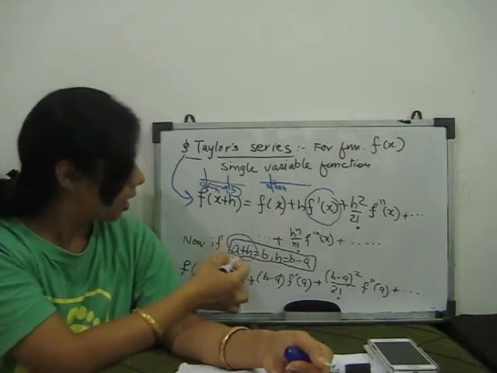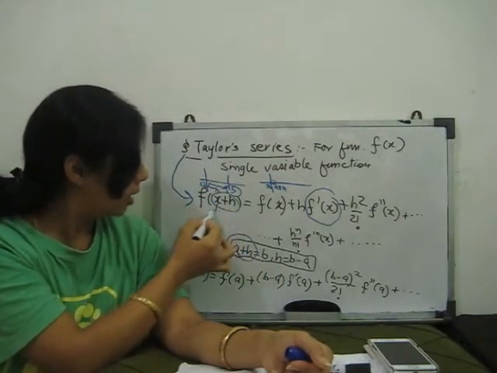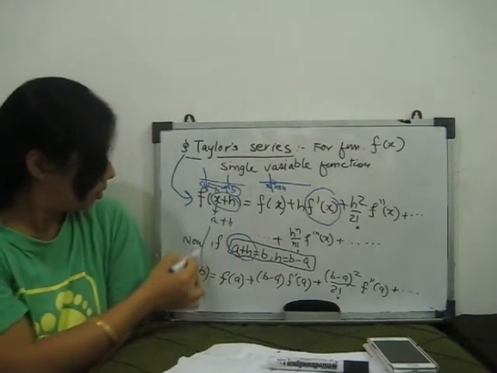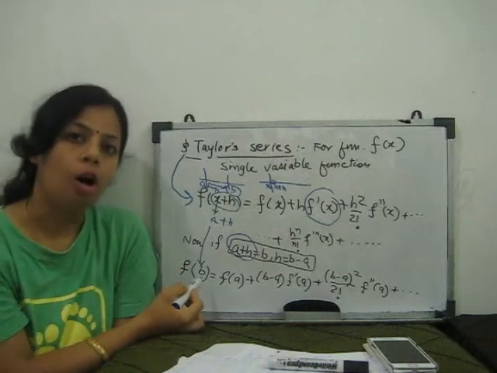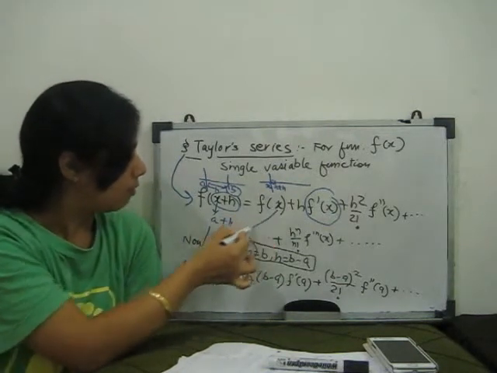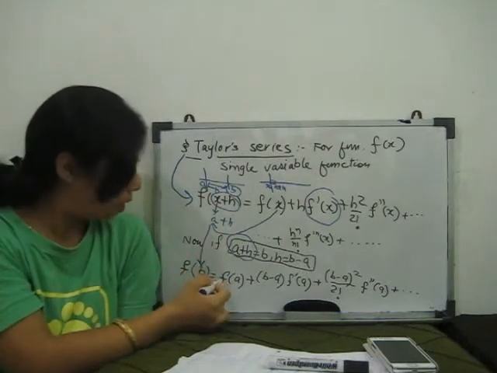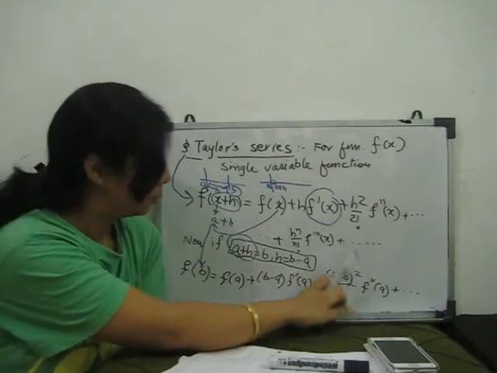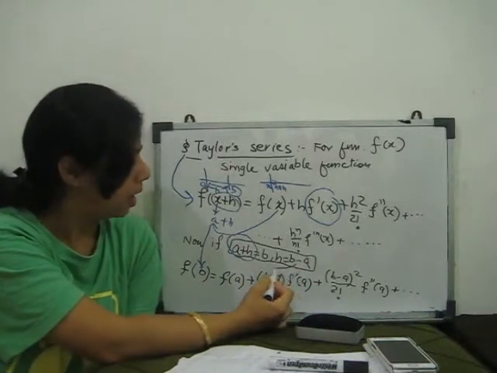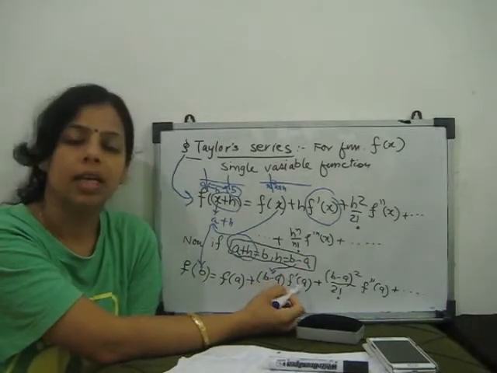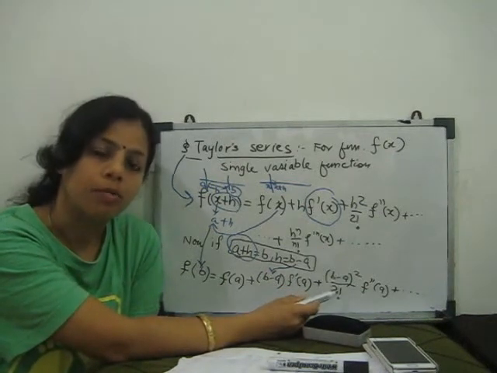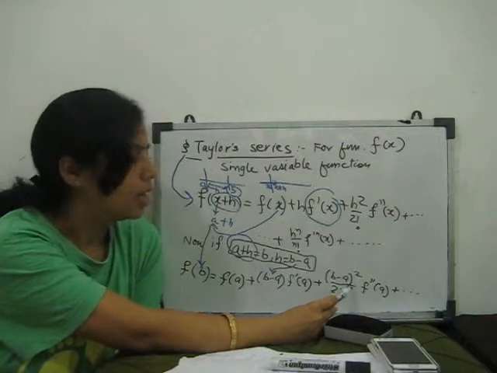Substituting a plus h, here x is a, so a plus h is b. So f of b is equal to f of a plus h, where h is b minus a.